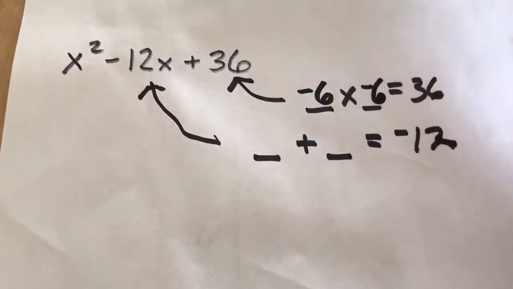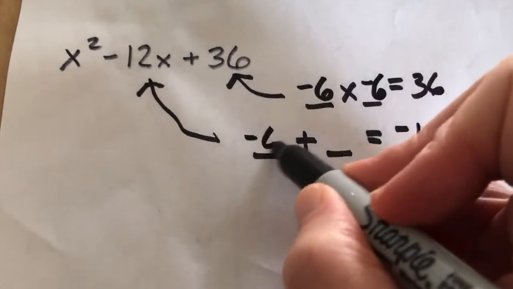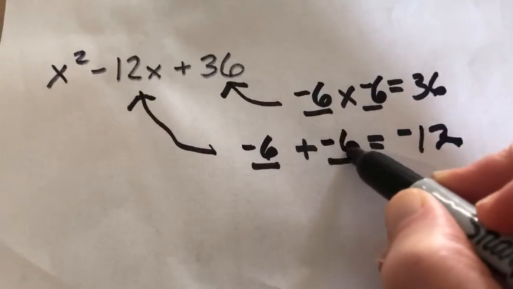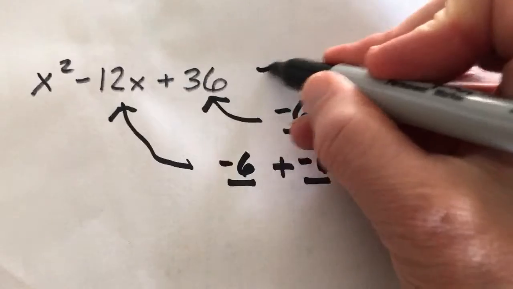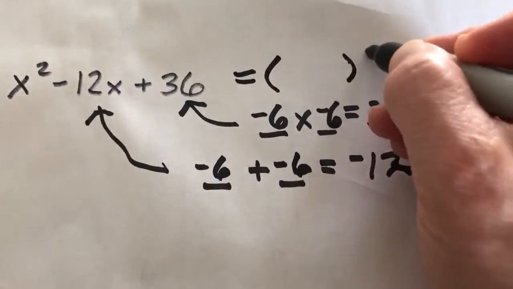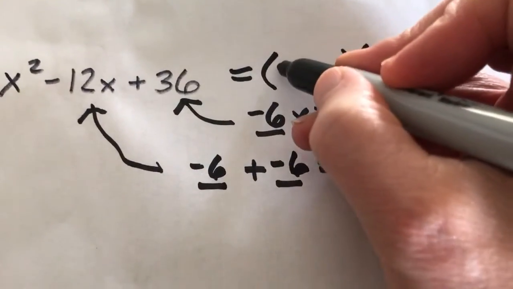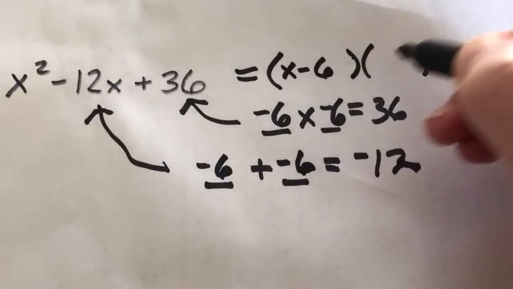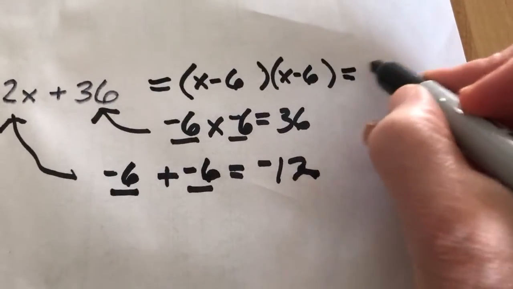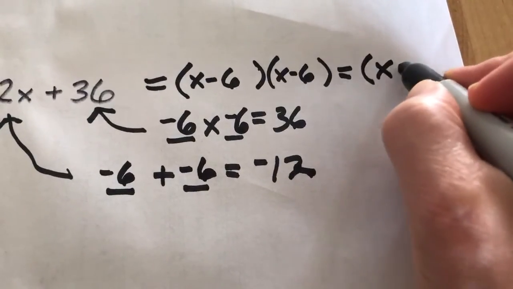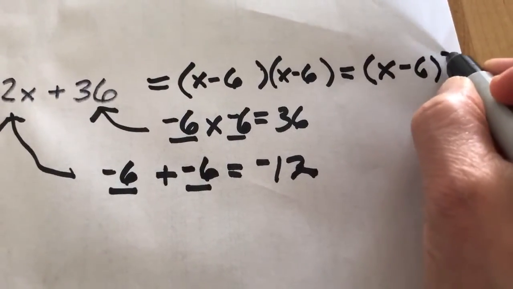Negative 6 times negative 6, and negative 6 plus negative 6 would equal the negative 12. That will work. And so the two sets of parentheses that I have, x minus 6 and x minus 6, I can enter it this way, or I can rewrite this as x minus 6, the quantity squared.